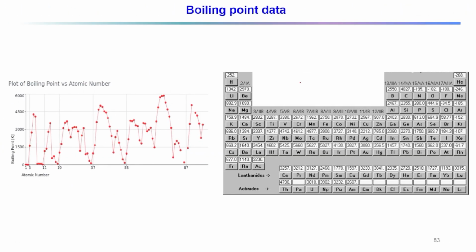And in these plots I am showing you the atomic number versus boiling point data. Here boiling point is given in Kelvin scale, and these are the data. If you need it for your reference, you can take a look at this periodic table.